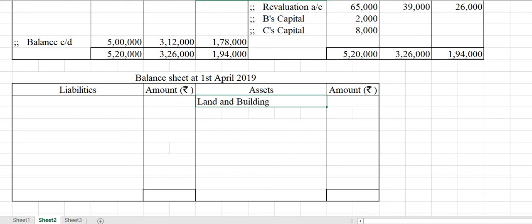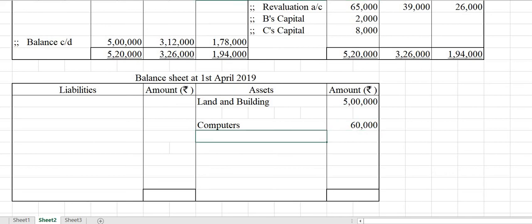Land and building, now it is increased. Earlier 4 lakh was there. In revaluation account credit side we have written 1 lakh increase. So 4 lakh plus 1 lakh, 5 lakh. Then next we have computer. Computer has no change, the same value will be written.